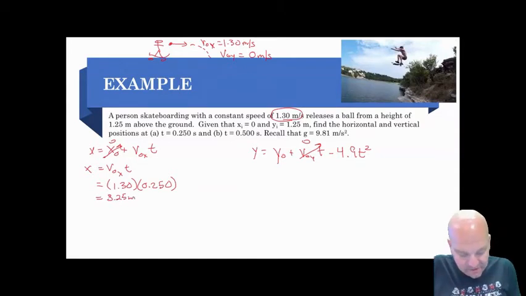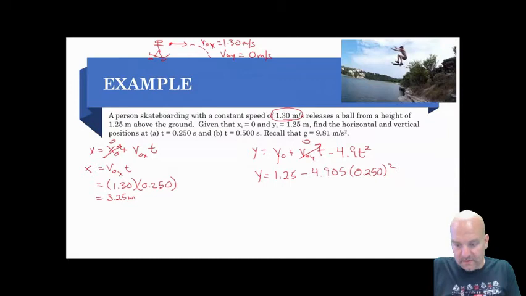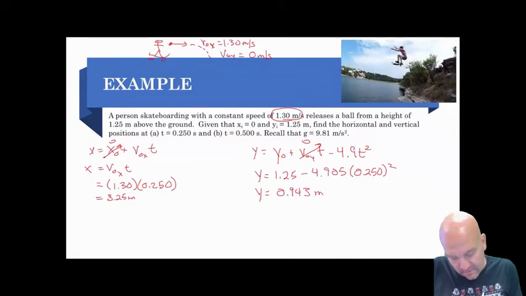And now a y position, right, it's going to be 1.25 minus 4.905, because I'm doing 9.81 over 2, times 0.250 squared. And because this is falling down, we know we're going to be below our initial y position. And so that's going to be 0.943 meters. Okay, so that's part A.